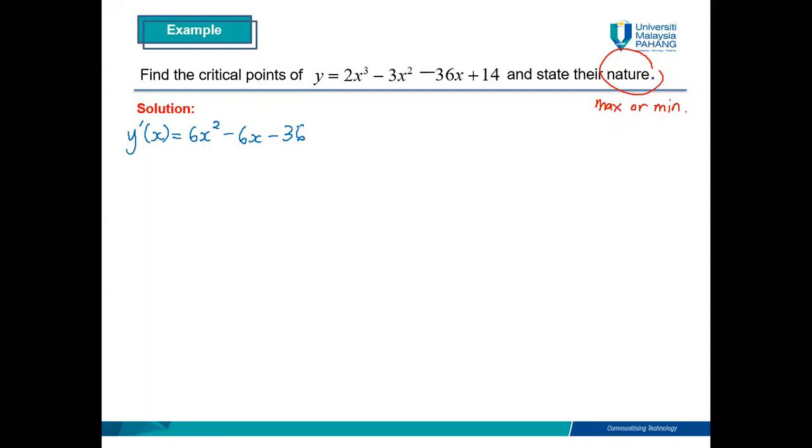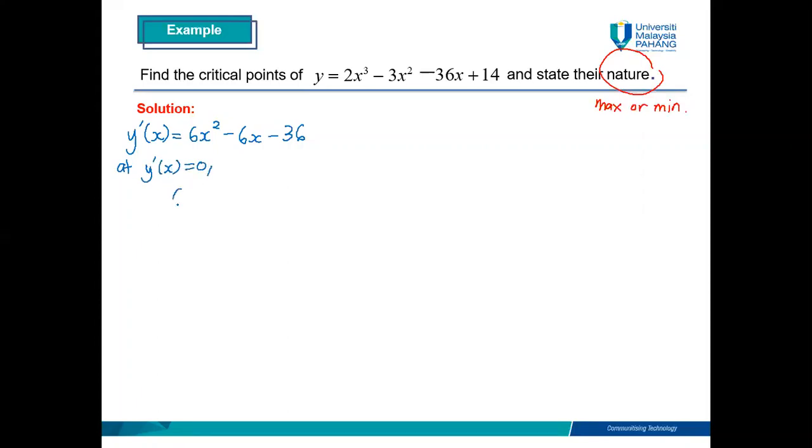So remember, this one is the second derivative test, so no need to draw or construct a table anymore. Before we proceed with the next step, the first thing after you differentiate for the first derivative is to find the critical values. Critical values occur only when the first derivative is equal to 0, at y prime x equal to 0.